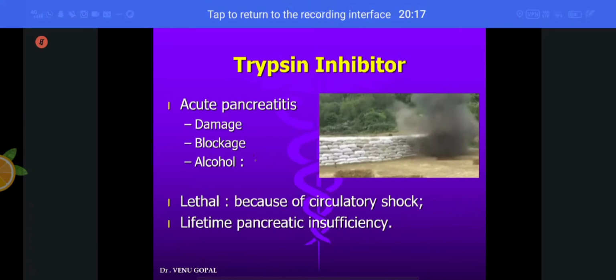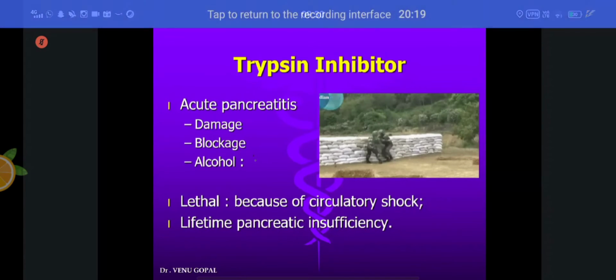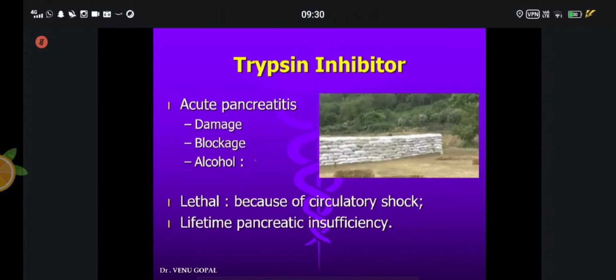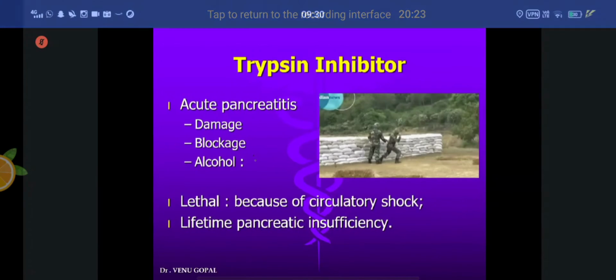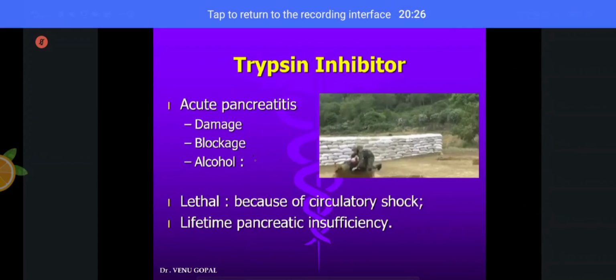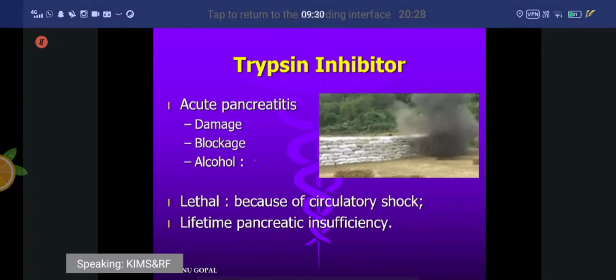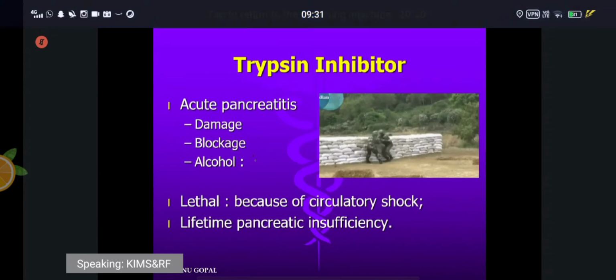At the same time, because it will also digest the islets of Langerhans along with the acinar cells, the patient will end up in hyperglycemia and a diabetes-like situation, and diabetes also.